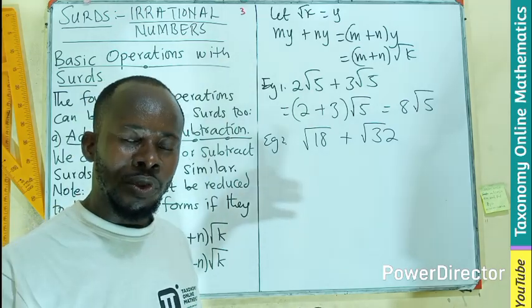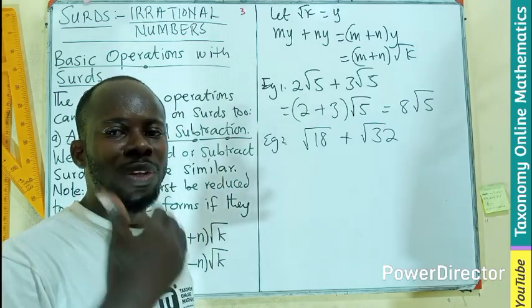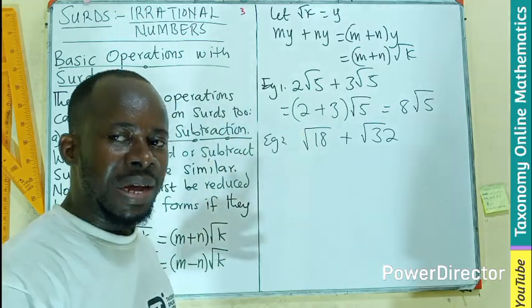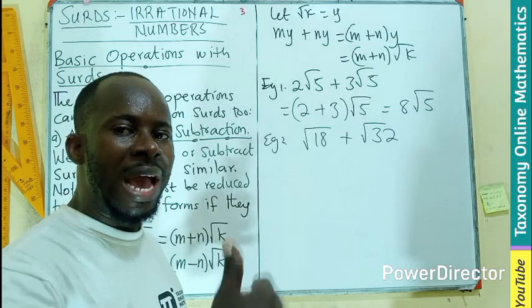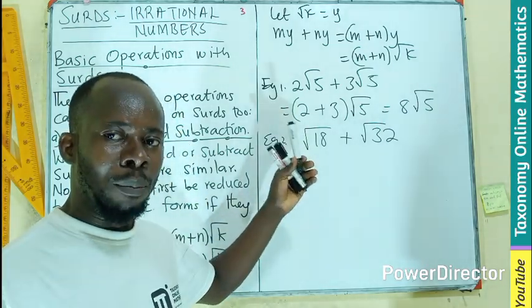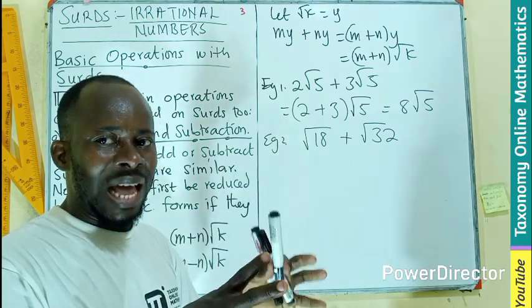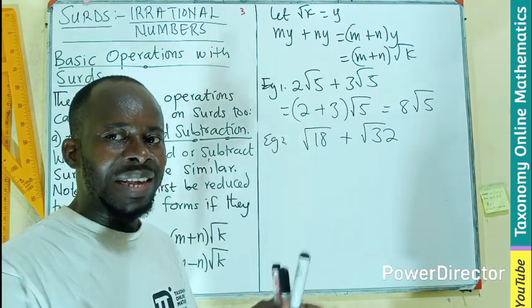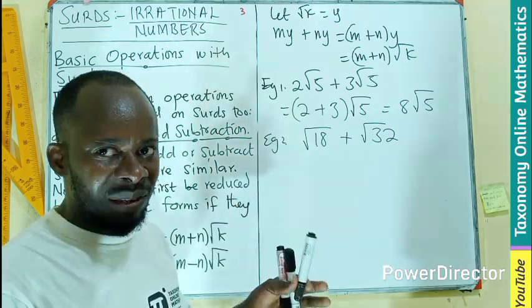They're not the same. So first, we need to reduce them to the simplest form, finding their perfect square and non-perfect square factors, which multiply to give us 18 and 32 respectively.